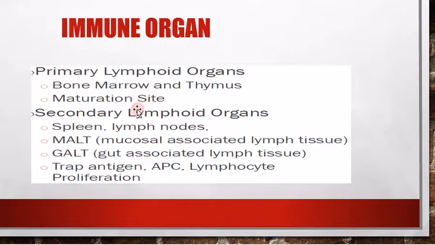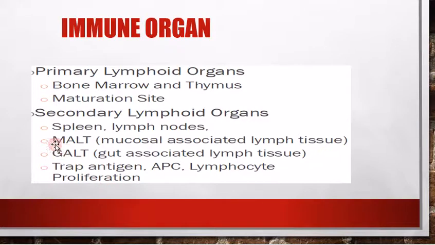The primary lymphoid organs, like bone marrow and thymus, are the maturation sites where lymphocytes get matured. All right. The secondary lymphoid organs are the spleen, lymph nodes, MALT, and GALT. They trap antigens, host antigen presenting cells, and support lymphocyte proliferation.